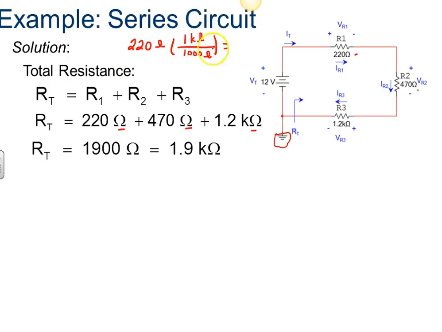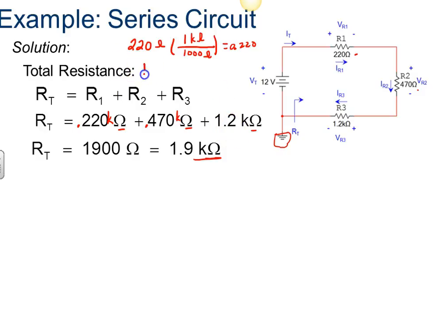So that's 220 divided by 1,000 is 0.220. So all of these have been converted, if we're going to the final answer in kilo ohms, to 0.220, 0.470, and 1.2. All of these would be in kilo ohms. And the end result would be that we would end up with 1.9 kilo ohms.